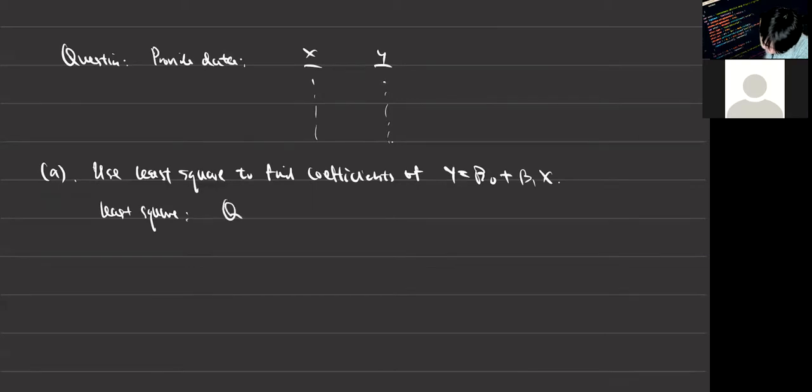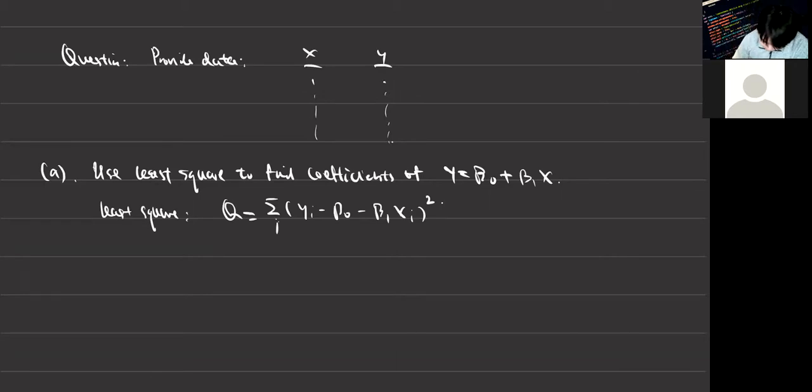I'll write out here, using this Q, the summation over i of yi minus the coefficient minus this xi squared. It's kind of like a loss function, that's how many mistakes you're making, the discrepancy between your model's prediction and the reality, the truth of yi.